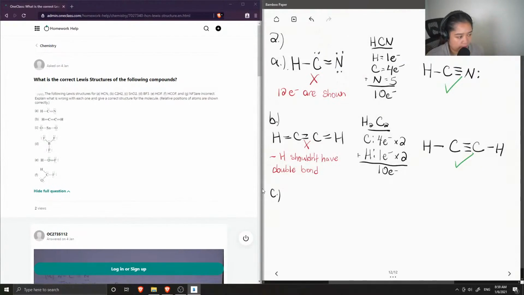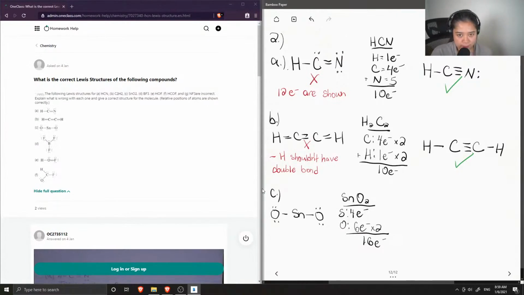Okay, so the next one, we have 2 single bonded oxygens to tin. And now let's count out how many valence electrons are supposed to be in this molecule. So tin has 4 valence electrons. For oxygens, it'll be 6 times 2. So that leaves us with 12, 13, 14, 15, 16. So we need 16.